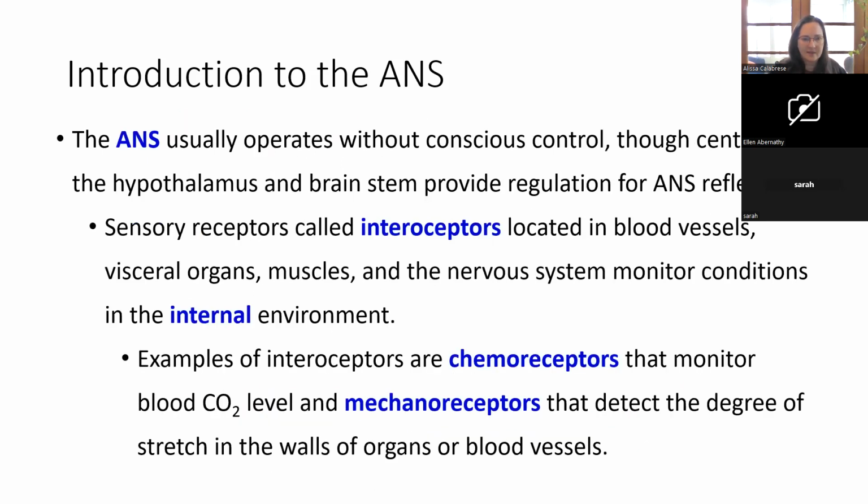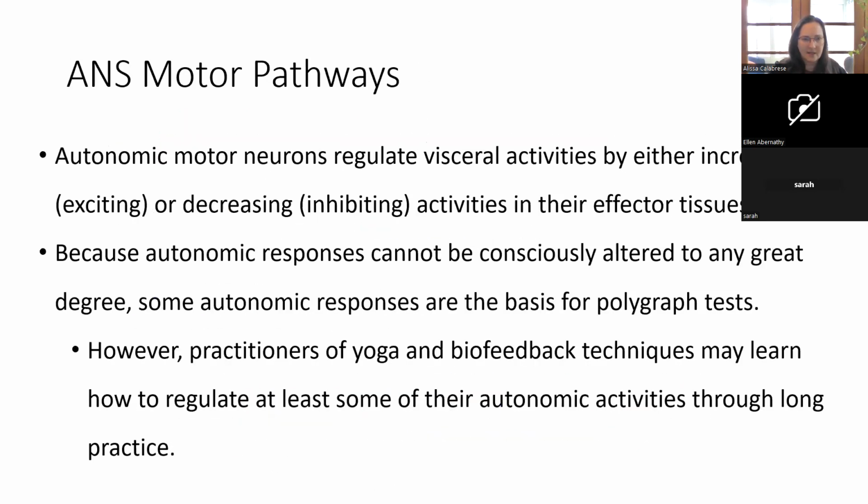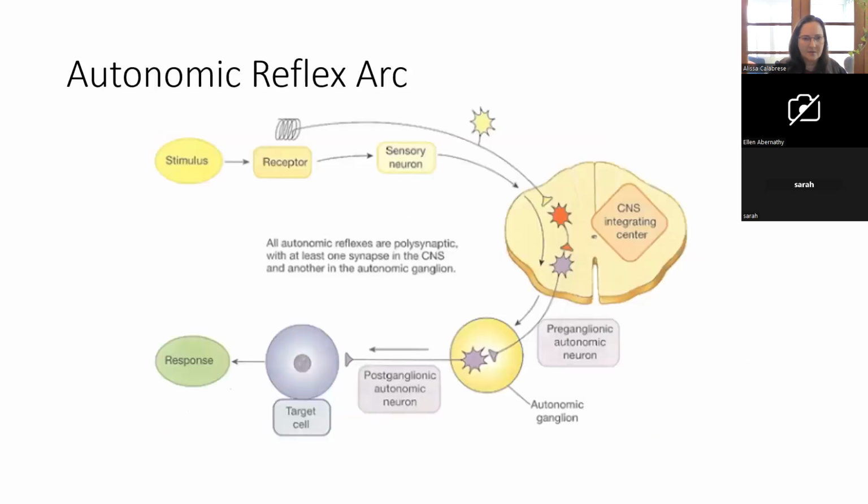So we'll skip past that one and just look at the reflex arc here. So the reflex arc, again, very similar to what we already looked at. So we've got a stimulus being carried by a sensory neuron to the brain and spinal cord.